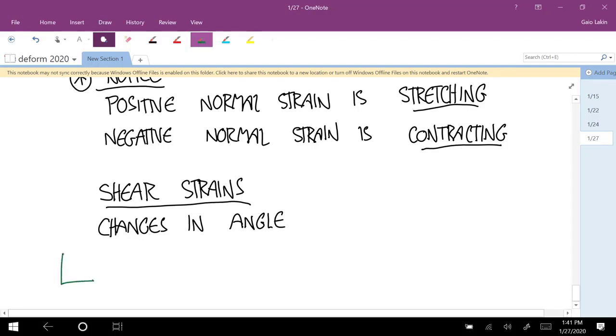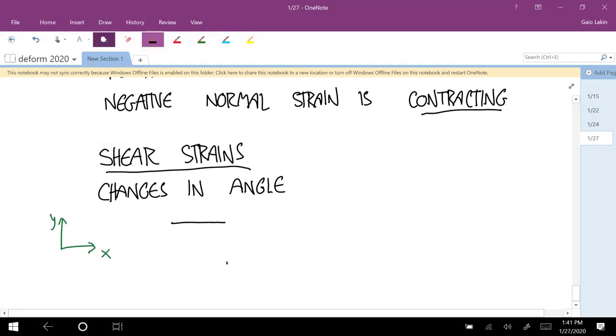If we're using this coordinate system again, and you're starting with a material where all those angles are 90 degrees, then after deformation, remember we said that this thing turns into a parallelepiped, so those always have to be parallelograms.